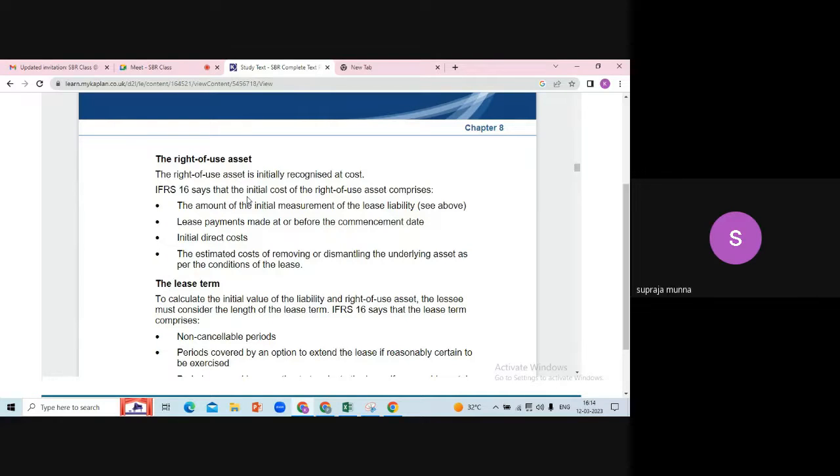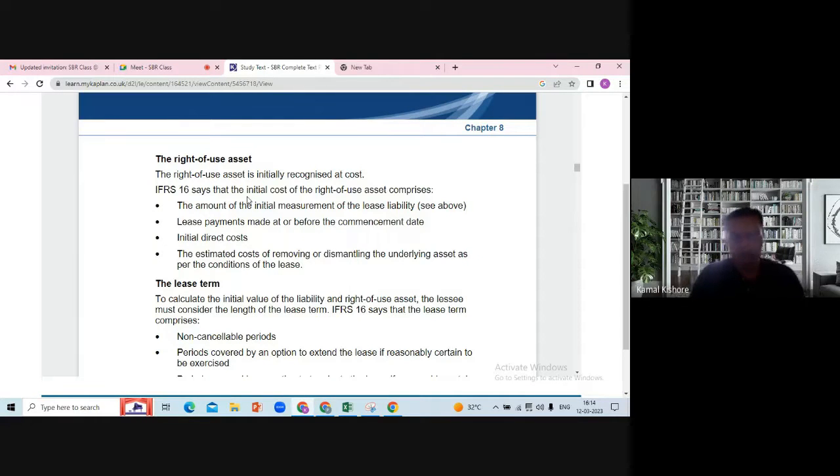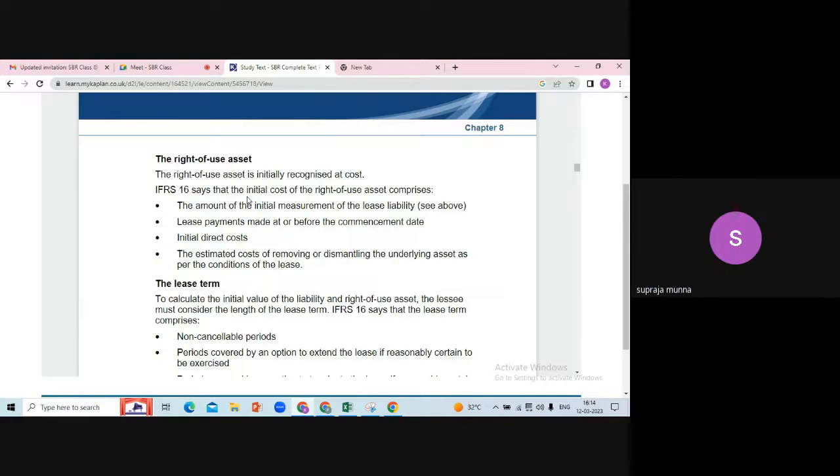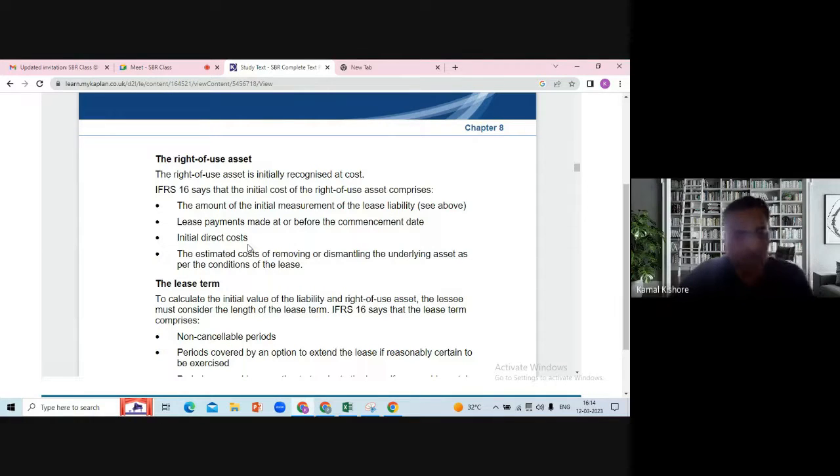And the second point, whatever payments we are making, for example advance payments, those are also recognized as part of the ROU asset. Basically, the initial measurement of the lease liability, plus any payments that we made in advance, will also come in.